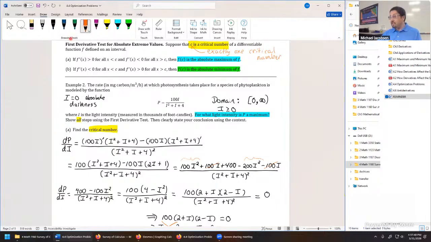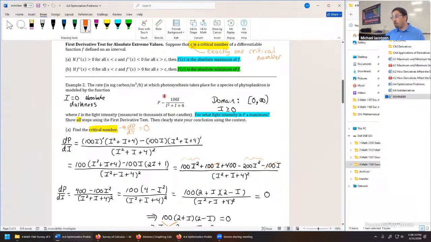Okay, further review on this is, recall when it says critical number, what we mean specifically is we want to solve the derivative of P with respect to I, the dP/dI or P prime if you prefer, set to 0. So that's what's meant by the critical number. So the very first step in getting that critical number was we went to the function P and we differentiated it.